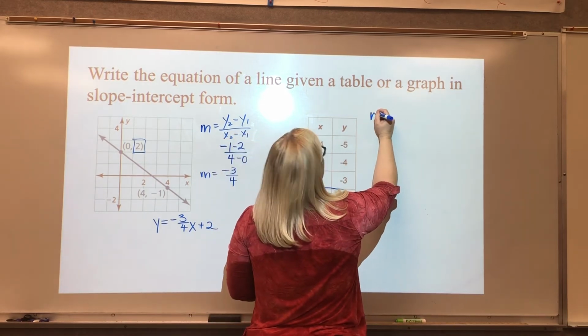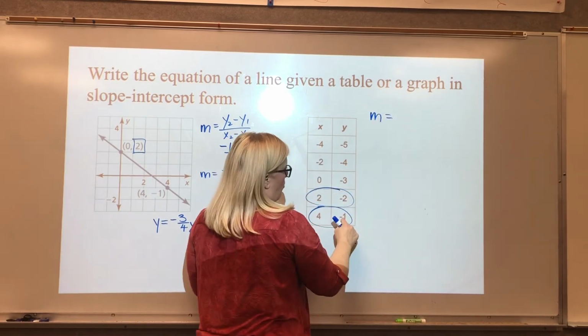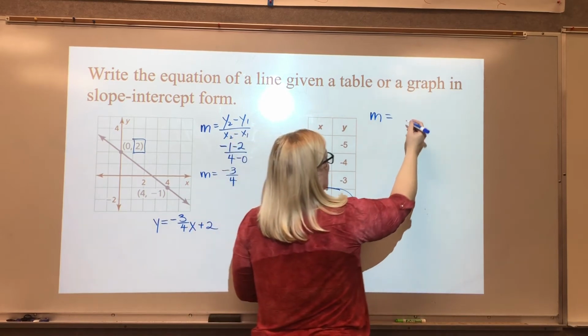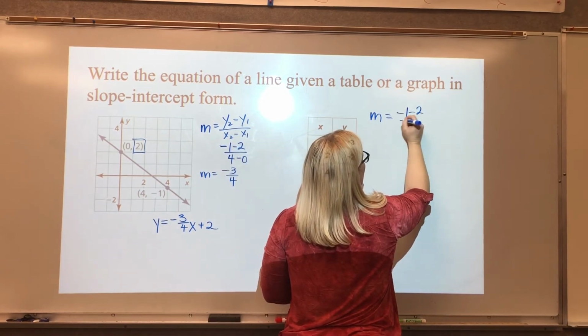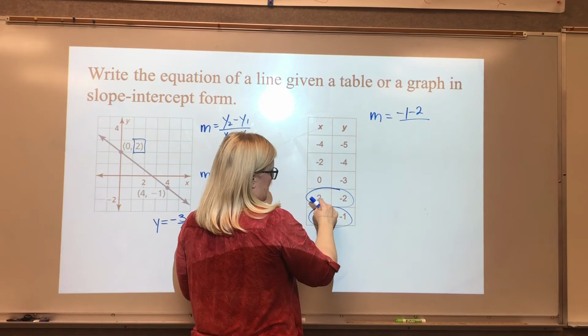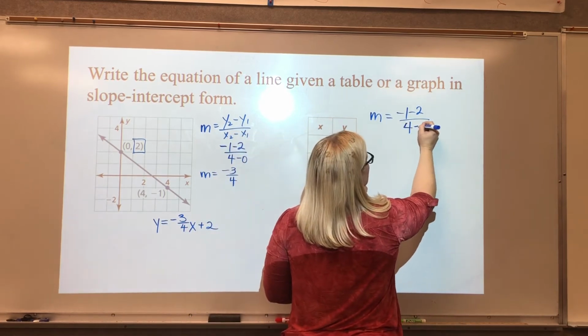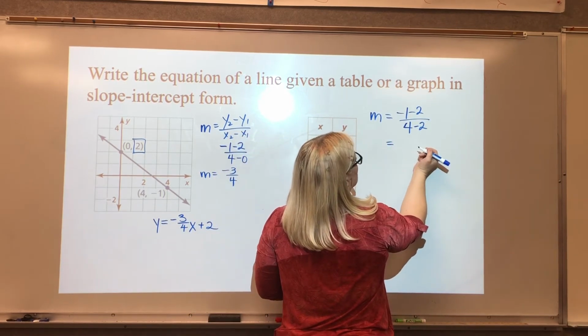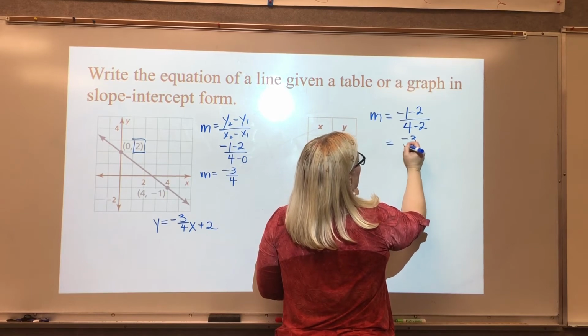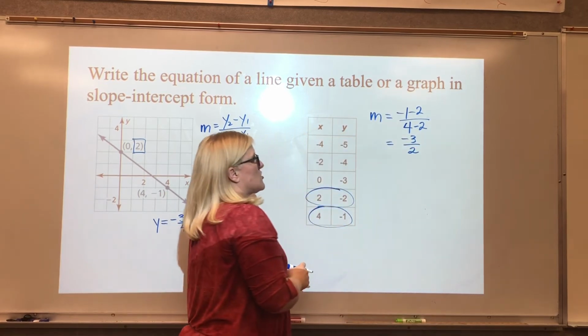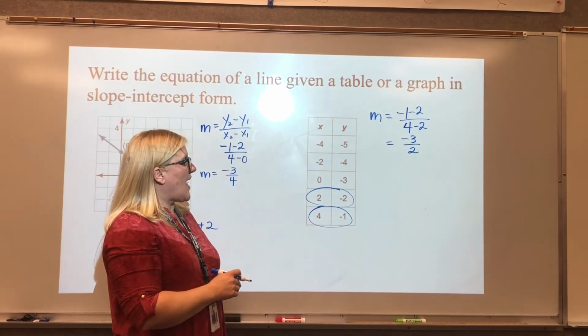So I'm going to do y minus y, so negative 1 minus 2 over x minus x, 4 minus 2. And that gives me negative 3 over 2. So my slope is negative 3/2.